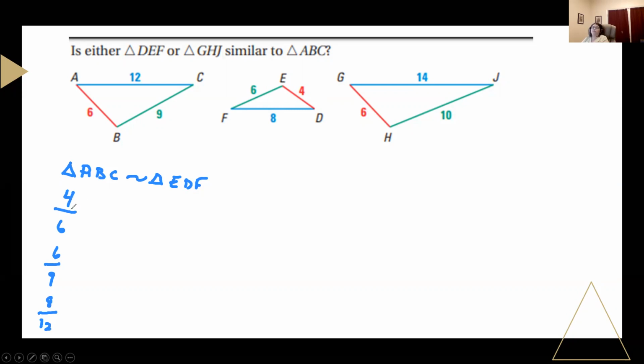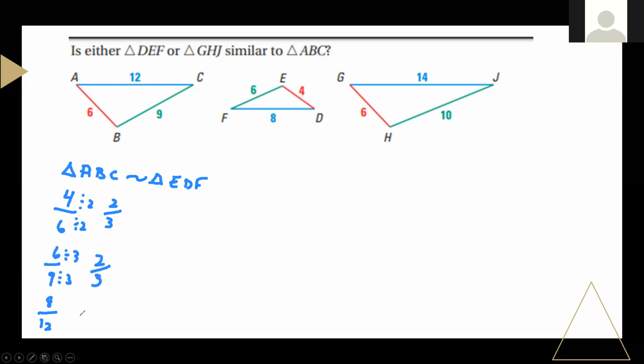If they're not, then they're not similar. So 4 and 6, what number can go into 4 and 6? 2. When I divide both by 2, I get 2 over 3. Now what am I going to divide 6 over 9 by? 3. And that is 2 over 3.